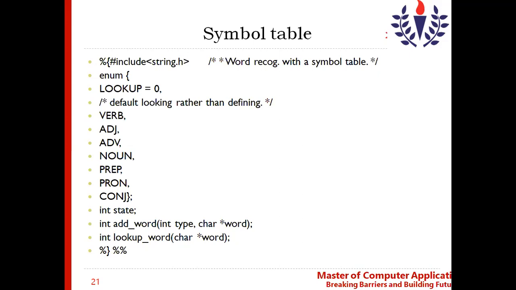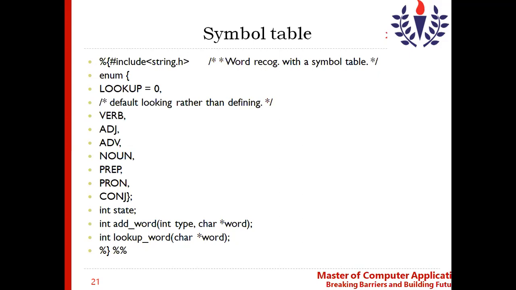And we are using enum as usual, the same way we use enum in C language, and there is a variable lookup whose value we made 0. We have the different types of words like verb, adjective, adverb, noun, preposition, pronoun, conjunction.